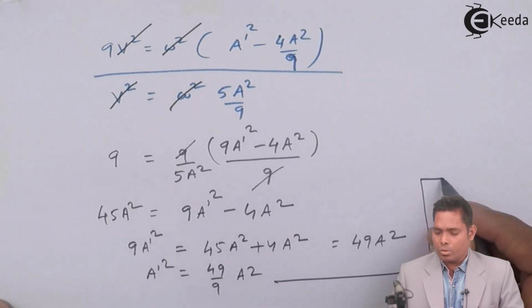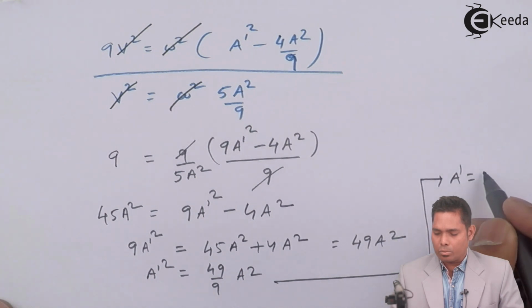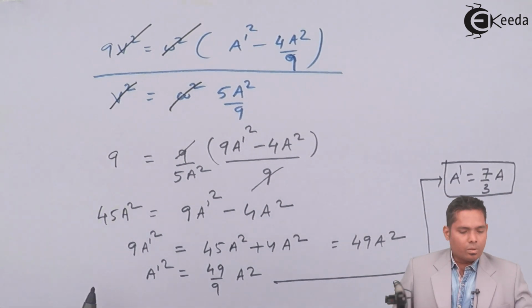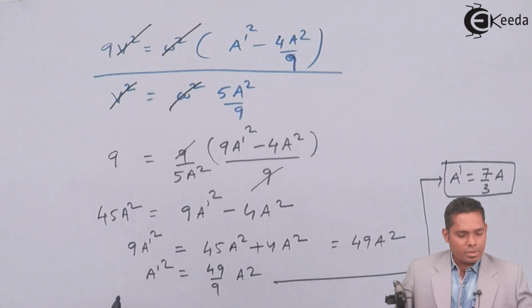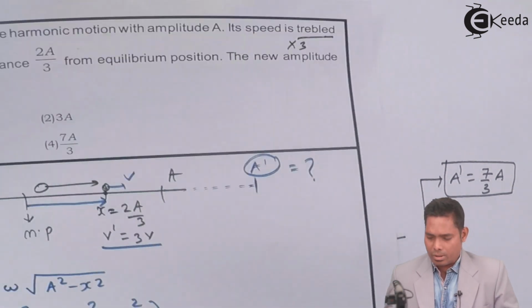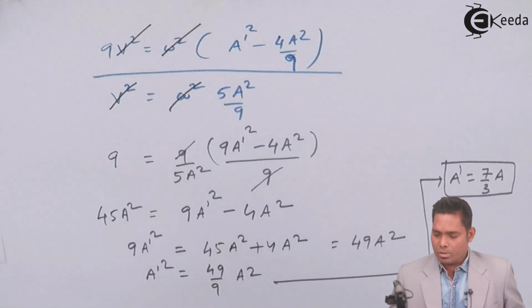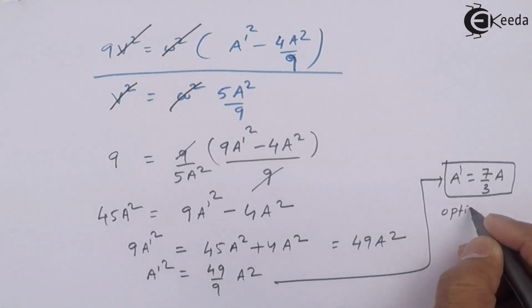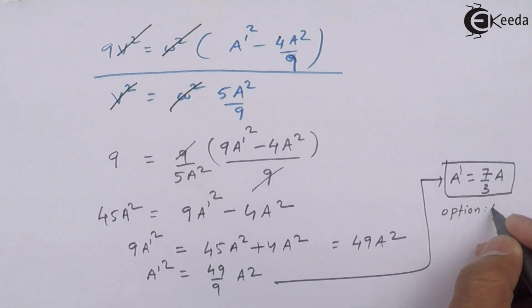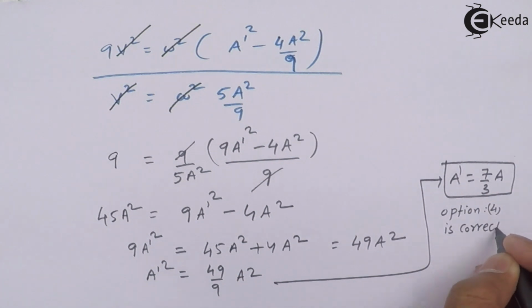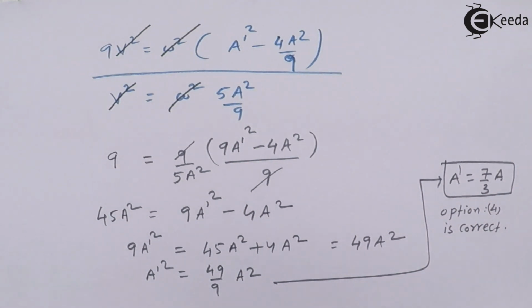If I take the root, a dash equals 7 divided by 3 into a. Looking at the options, 7 by 3a is the correct answer, so option number 4 is correct.